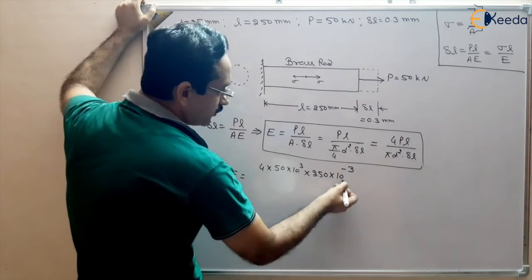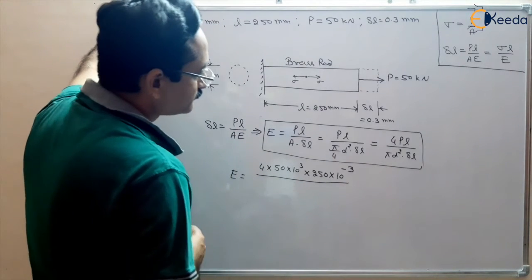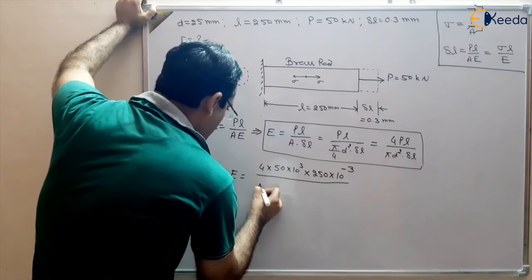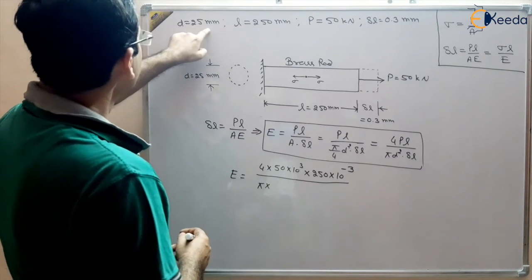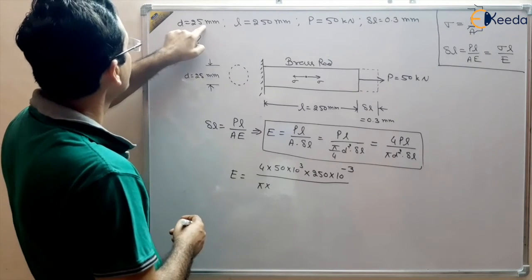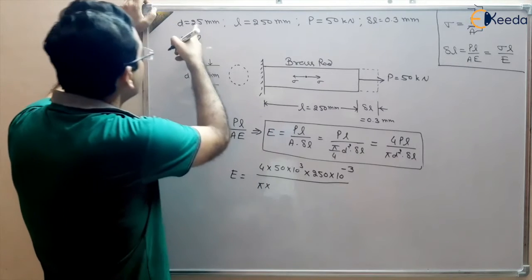We are converting it to meters, divided by pi, d square, where d is 25 mm. So it is also in mm. You can write 0.025, so this will be 0.025 meters. So I am converting it into meters.